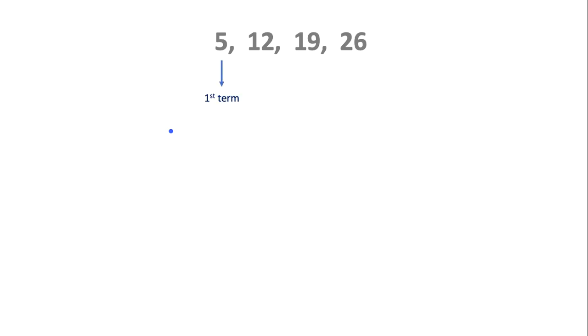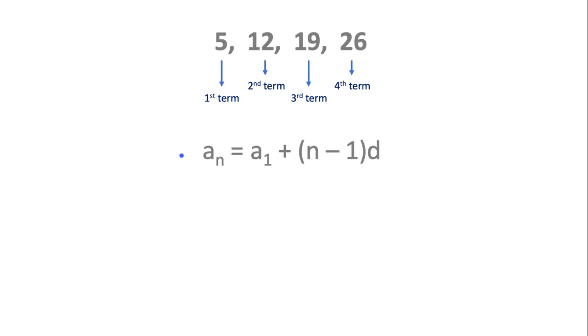5 here is our first term, 12 is our second term, 19 is our third term, and 26 is our fourth term. In our general rule, which is a sub n is equal to a sub 1 plus n minus 1 times d, a sub n is a sub 10, since we are looking for the 10th term.